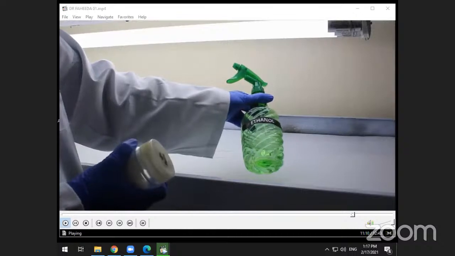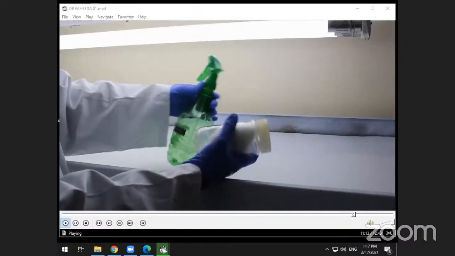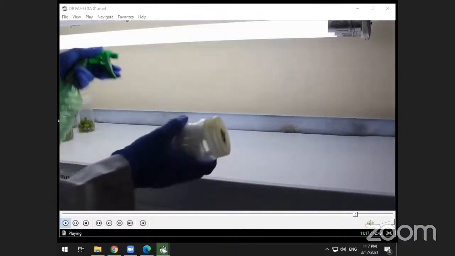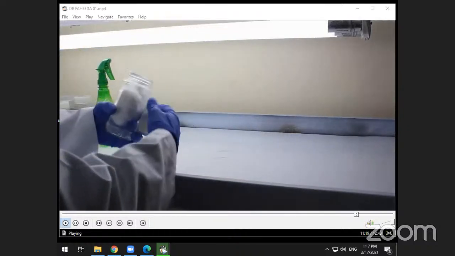Sterilize the surface of the chamber before putting your culture jars with 70% ethanol and wipe all the excess ethanol with autoclaved cotton.